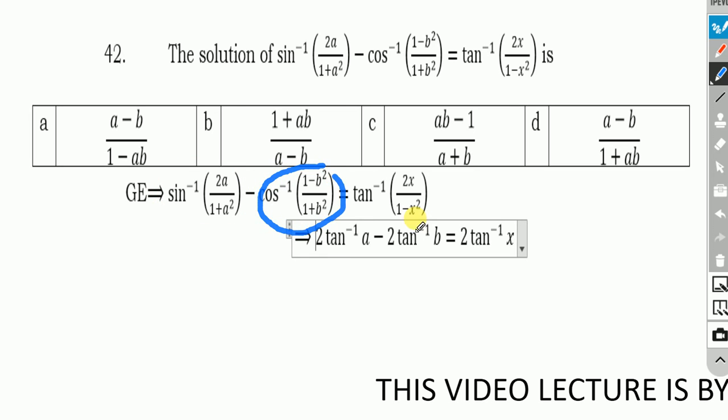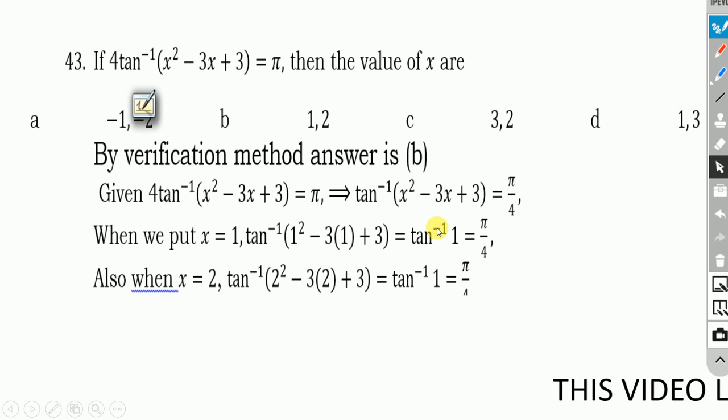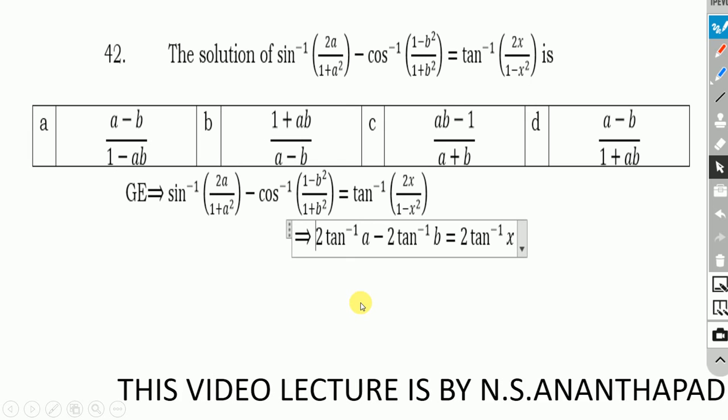We know that the sine inverse of 2a by 1 plus a square is 2 tan inverse a. Cos inverse of 1 minus b square by 1 plus b square is 2 tan inverse of b, which is equal to 2 tan inverse of x. So we can proceed to solve this. It's clearly 2 tan inverse of a minus 2 tan inverse of b is equal to tan inverse of x.